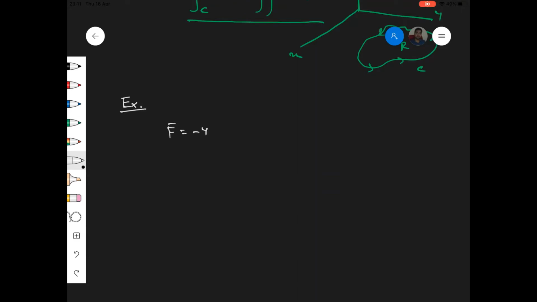F is equal to minus y square i plus x j plus z square k. This is the given vector field, and S is the surface which is the intersection of the plane y plus z equals 2 with the right circular cylinder x square plus y square equals 1.